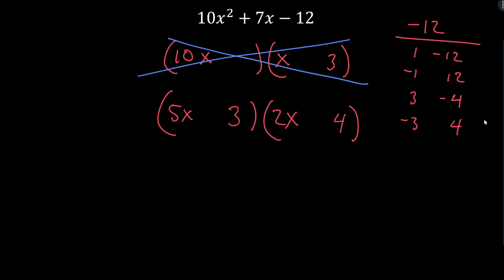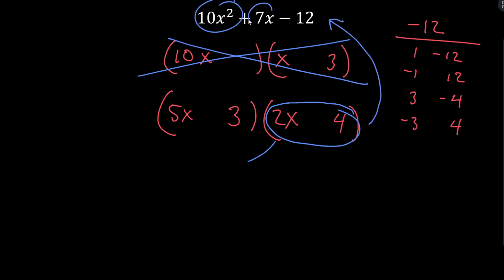Here's a pro tip for why we know 4 can't go here, whether it's positive or negative. And we actually know that just by looking at this 2x. This is actually kind of a cool trick. 4 can't go here because if I put 4 here, then I'd be able to factor out a 2 from this binomial, right? They both have a common factor of 2, so I'd be able to write it as like x, da-da-da stuff. The point is that once I FOILed this entire thing out, right, and distributed and expanded it and got back to something like this, it would have a common factor of 2 in every single term, right?